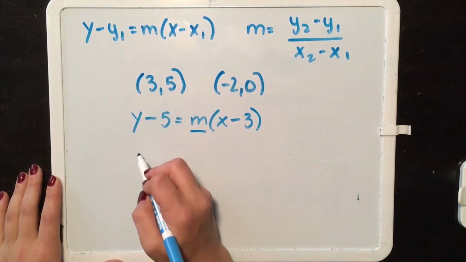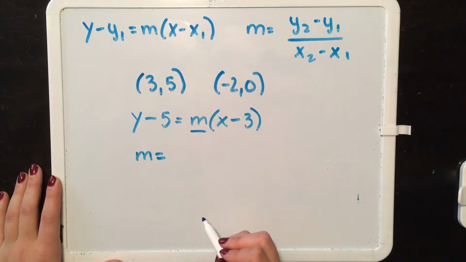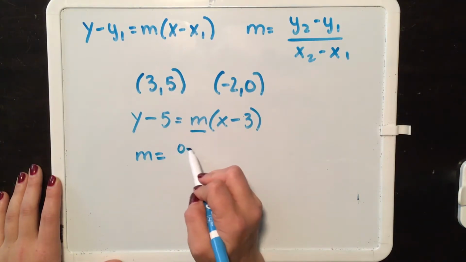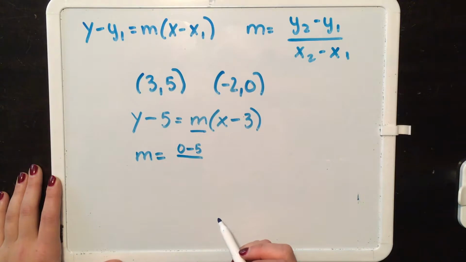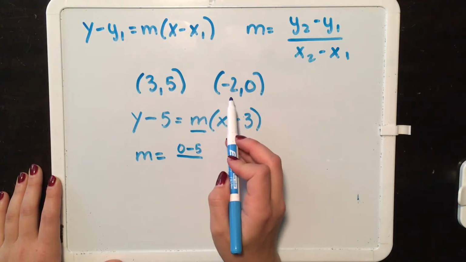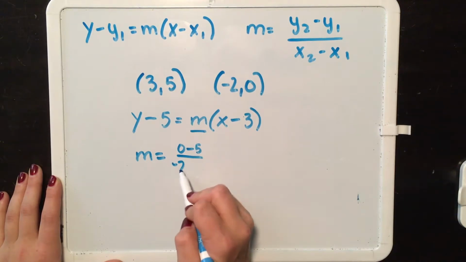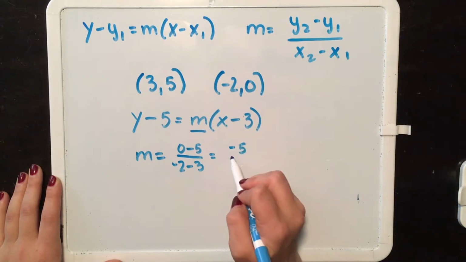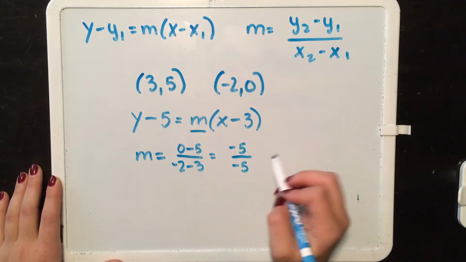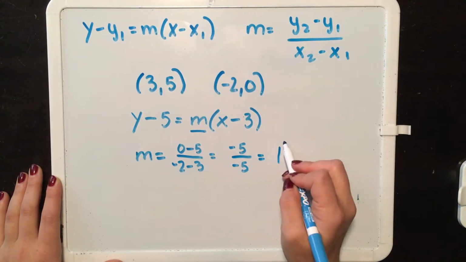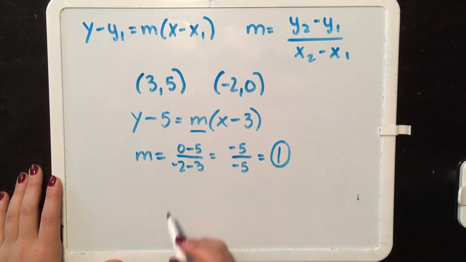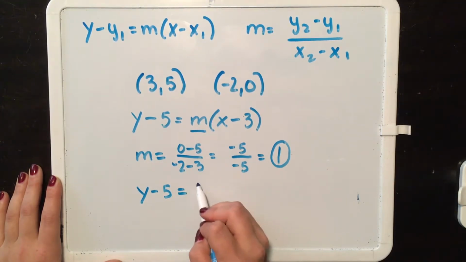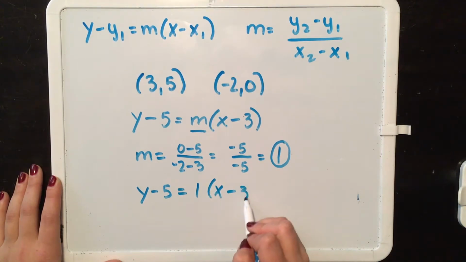We need to find m. m equals the difference of the y terms, y2 minus y1, 0 minus 5, over the difference of the x terms, -2 minus 3. And this will equal -5 over -5, which reduces to 1. So 1 becomes our slope in our equation. y minus 5 equals 1(x minus 3).